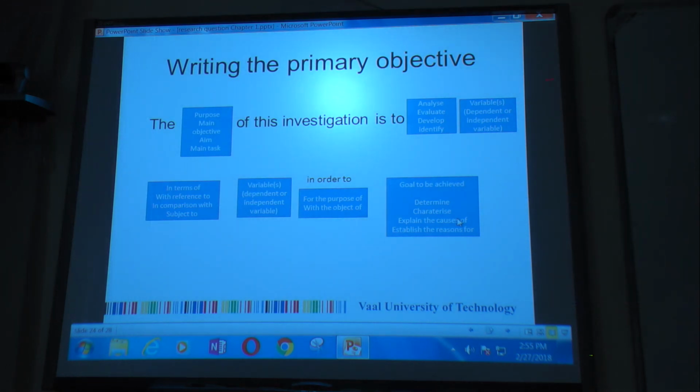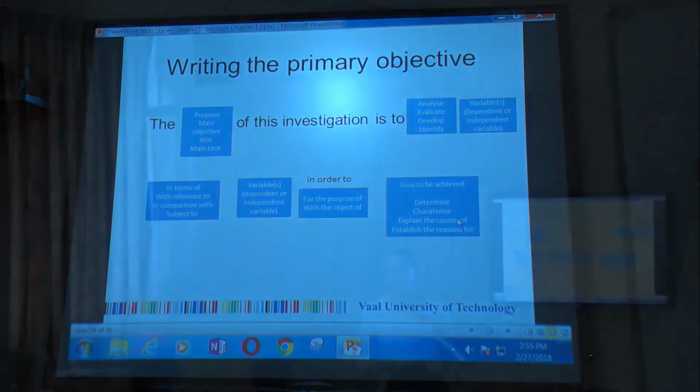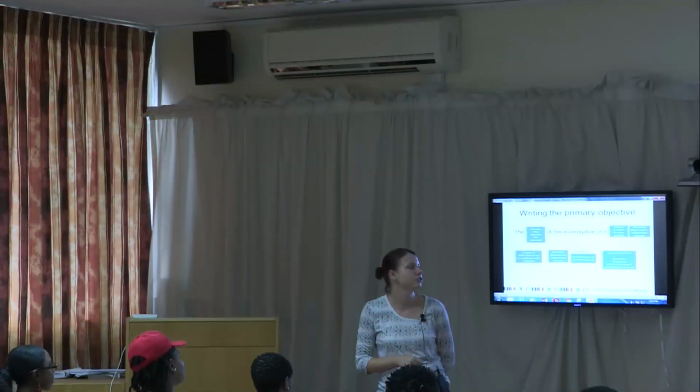Then you have to refer to the variables. Her variables were the key success factors. Those are the variables. In terms of, with reference to, in comparison with, or subject to. So she looked at the key success factors in terms of marketing a tourism establishment where? In Lesotho.